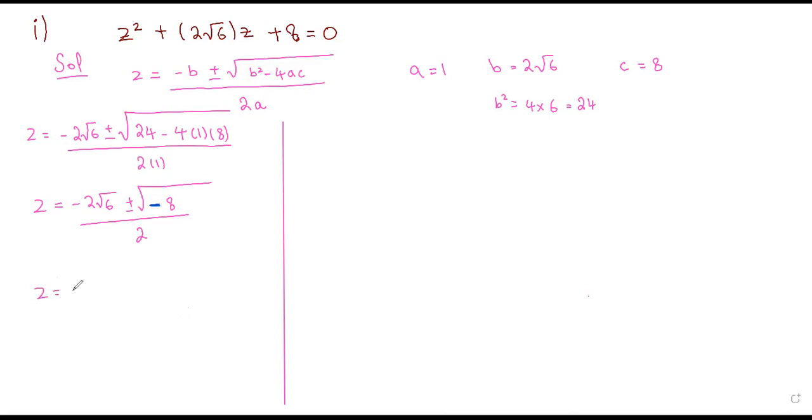Z is minus 2 root 6 plus minus under the root 8 minus i square? No, 8 plus i square. Yeah, 8 plus i square, because i square is minus 1. Okay, wait. Let's do it together.